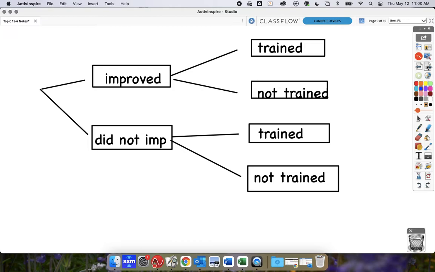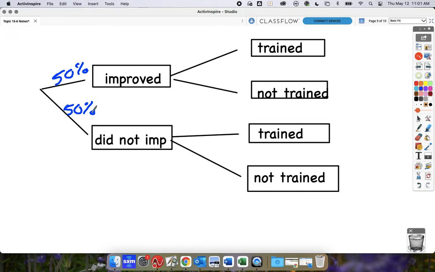Up here. How do I break this into improved versus did not improve? 50-50. 50% of the people got faster. 50% of the people did not get faster. The only other piece that they give us is the probability of a swimmer experiencing an improvement and training.